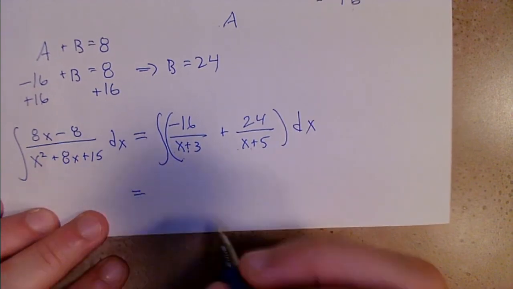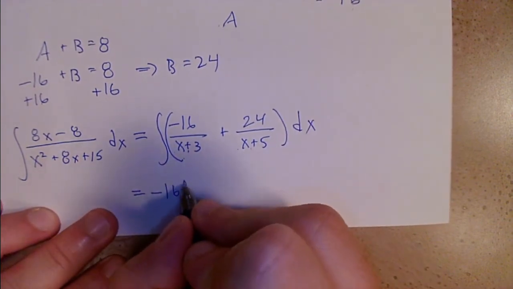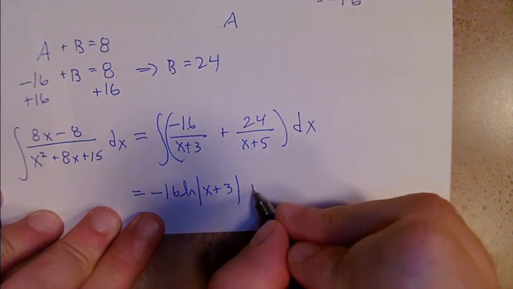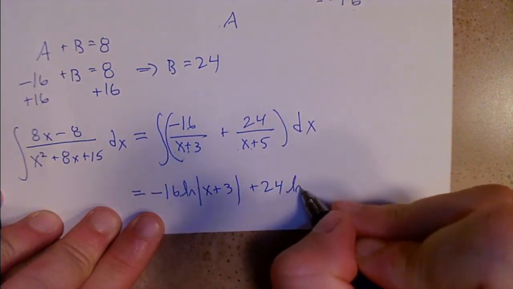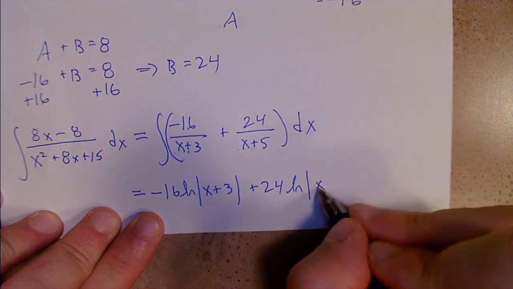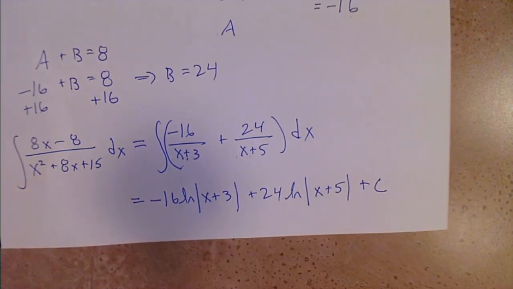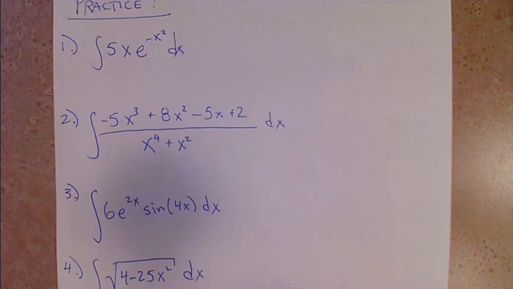And so I'll just go ahead and say this is equal to negative 16 natural log of the absolute value of x plus 3 plus 24 times natural log of the absolute value of x plus 5. Don't forget your arbitrary constant, like so. And there you go. That is the integral of 8x minus 8 divided by x squared plus 8x plus 15.